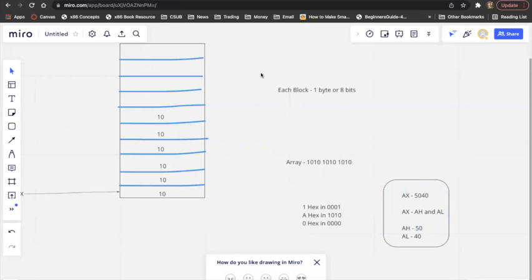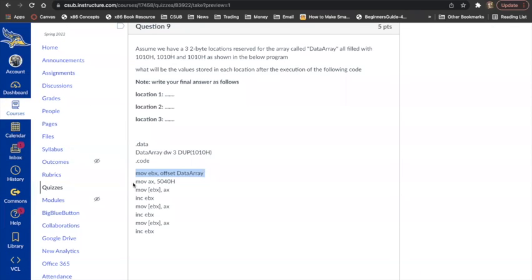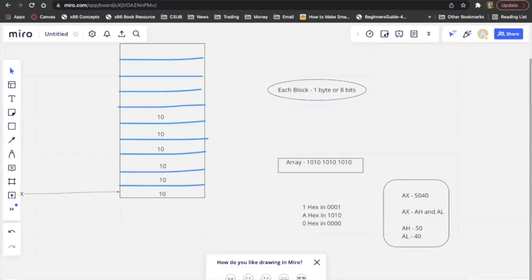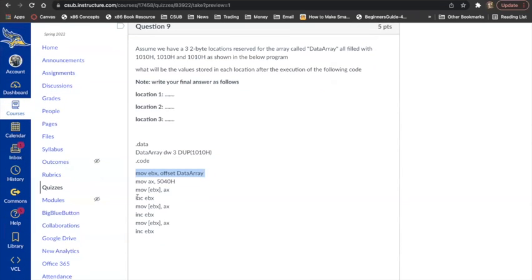This is another important part of our thing, and that's just an array. So what's the next instruction? We're moving 5040 to AX, we already did that. Now we are saying AX will move to the EBX.